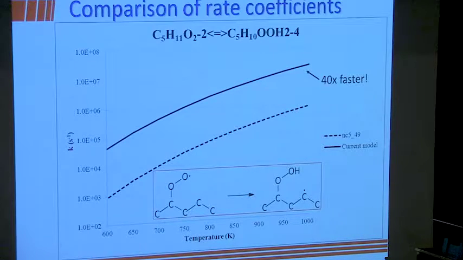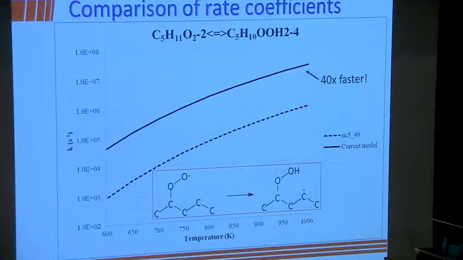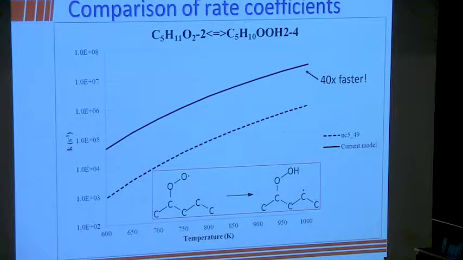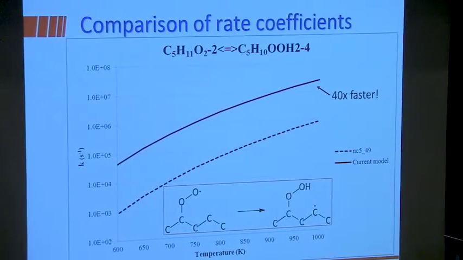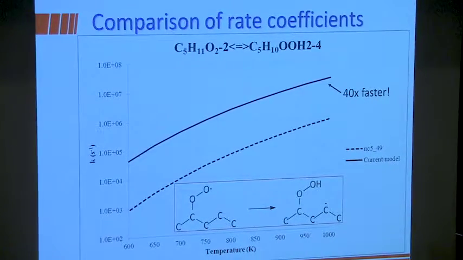There's one thing here. If we go back to the table, the dashed lines are the recommendations that I had in the papers that I published for N-heptane and isooctane. They're of the order of these dashed lines.